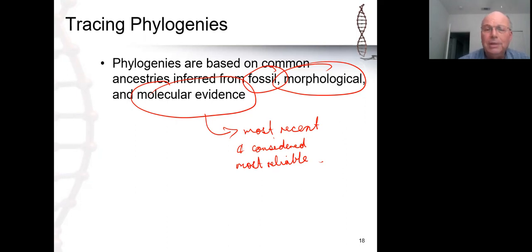So the initial molecular evidence was on the basis of comparisons of proteins. But if you recall from Bio 1, what you learned about the genetic code, you should recall that there is a level of redundancy built into the genetic code, specifically what is referred to as the wobble base, the third nucleotide in a codon, in a triplet, that three nucleotide triplet that makes up the codon.